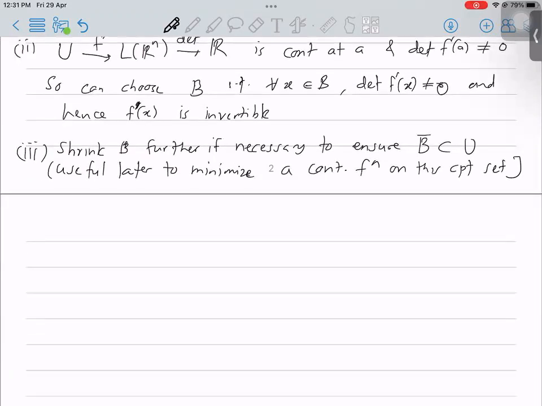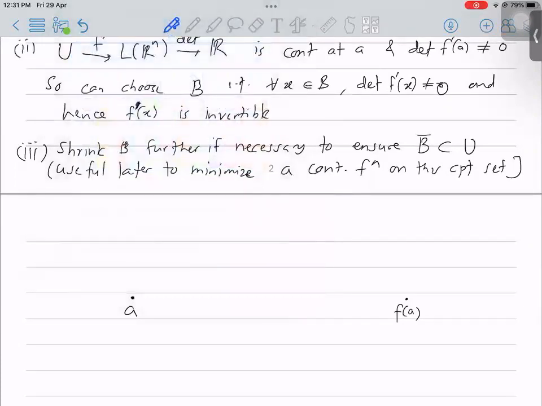So hopefully make this picture. This is the point A. This is the point F. In some ways, I don't even want to draw the set U. The set U is just some ambient thing.